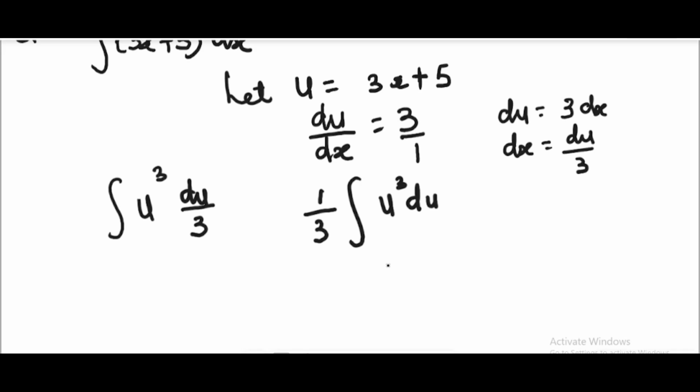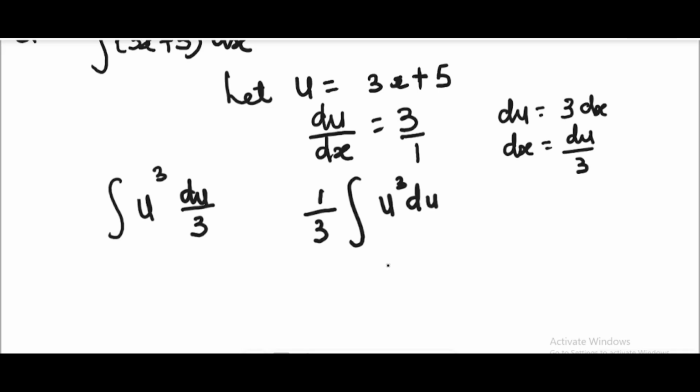So now if we integrate u cube, we will have u raised to the power of 4, that's 3 plus 1, then divide by the new power. And then you add your constant, plus c, right? Okay. So you can choose to leave it like that or further have it as u raised to the power of 4 all over 12 plus c.